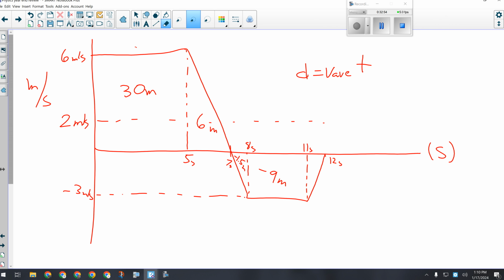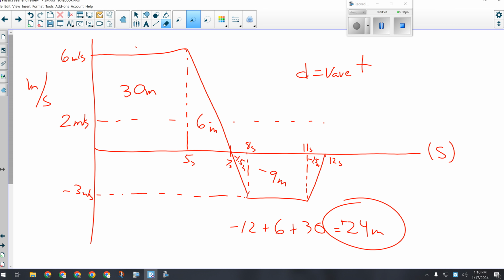It's 1 on the base and negative 3 high, so it's also negative 1.5 meters. Right? What do I do with all those numbers? Add them up. So I got negative 3, negative 12, plus 6, plus 30. So 36 minus 12 should be 24 meters, positive 24 meters, yeah? If my mental math is right.